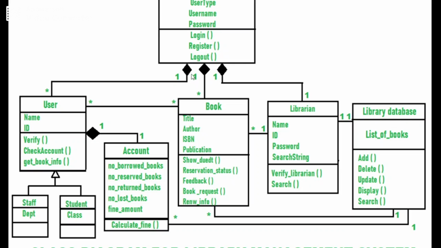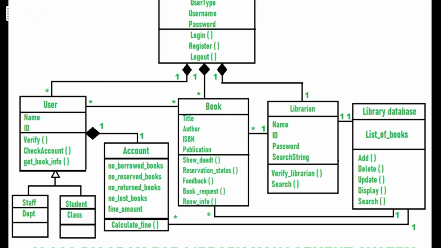Okay, so can you see this notation? What does it indicate? Again, aggregation. So we can tell this library management system is comprised of these classes: user, book, librarian, library database.